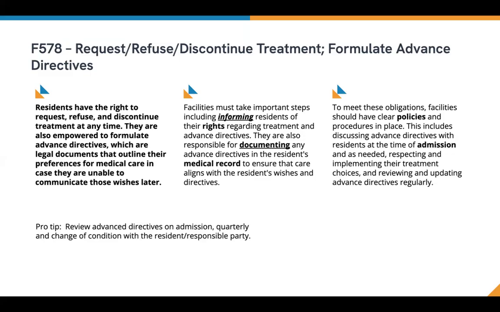So facilities have to take important steps, including, and I bolded and underlined this piece because this is one of the ones where I feel like we miss the most opportunities, informing residents of their rights regarding treatment and advanced directives. So if you have somebody who says, I don't want to nominate a POA, I'm not interested, you still have an obligation to provide education and training to that person about advanced directives, why it's important, and give them the opportunity to review that documentation.